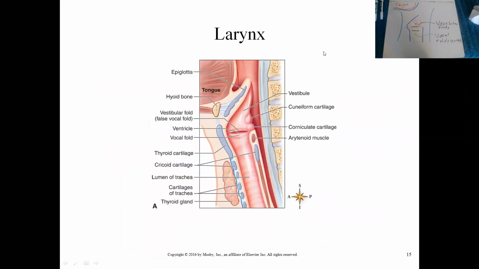Here's a side view, a little bit better than my drawing. A few things I want to look at in the side view. Here's the tongue above, so that's your mouth up there in the front.